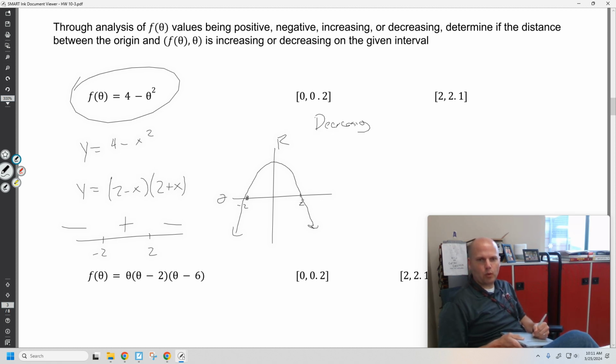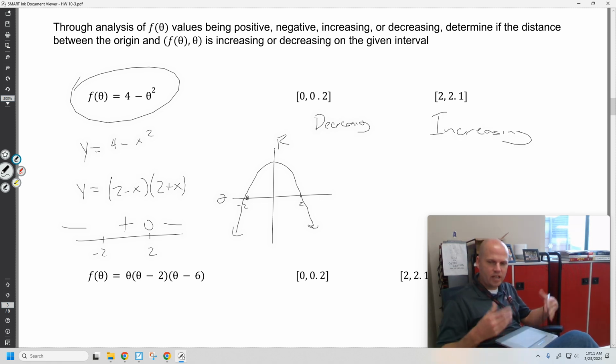But from 2 to 2.1, you would say, oh, it's still decreasing, right? It's still going down. But no, my radius, which is my y values, hit a 0 at 2. They go from 0 to negatives. Now think about radiuses that are going from 0 to negatives. They're getting more negative. They are going away from 0. They are actually going to produce a situation where we're increasing.